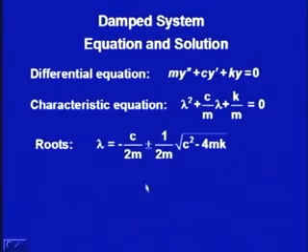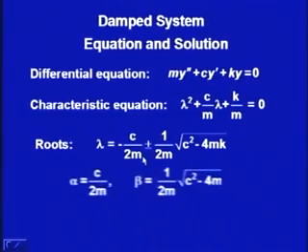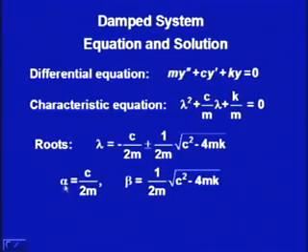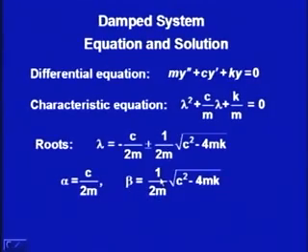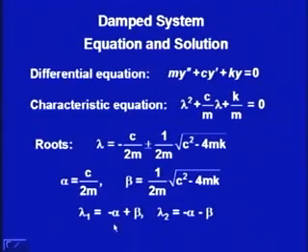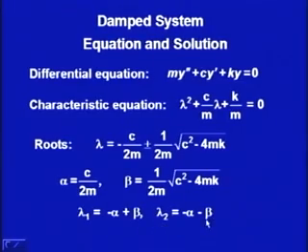Let us rewrite it in a simplified manner. Let us say the first part is alpha equal to c by 2m, and the second part, beta, is 1 upon 2m square root of c square minus 4mk. Then we have the two roots, lambda 1 as minus alpha plus beta and lambda 2 as minus alpha minus beta.